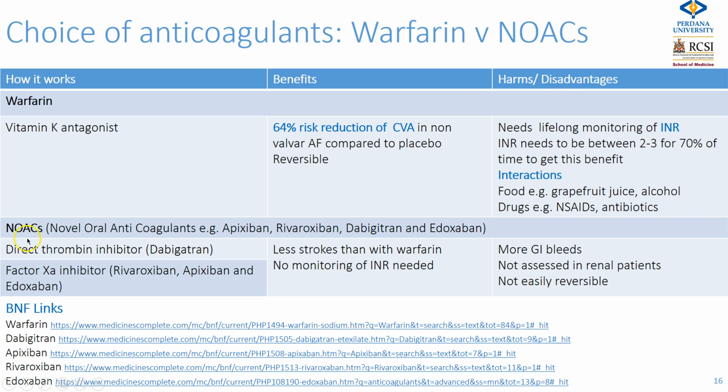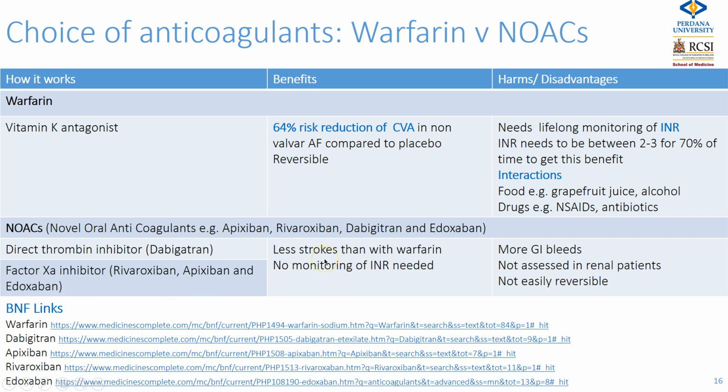The NOACs are novel oral anticoagulants, and they include apixaban, rivaroxaban, dabigatran, and edoxaban. These are either direct thrombin inhibitors, that's the dabigatran, or factor Xa inhibitors. These are the other 3, rivaroxaban, apixaban, and edoxaban.